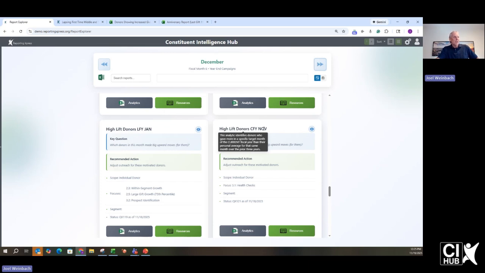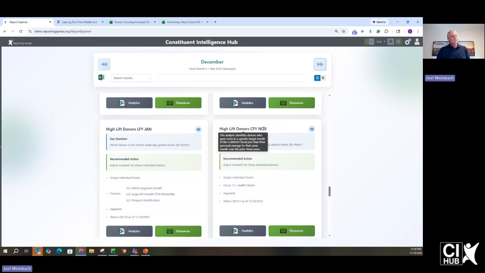A high lift donor, you can see if I hover over it, it gives me a little more description. So this one identifies donors who gave more in a specific target month of the current fiscal year than their personal average for that same month over the last 3 years. So they helped lift that month up. They helped raise the revenue that month because they gave more in that month than they've historically given.